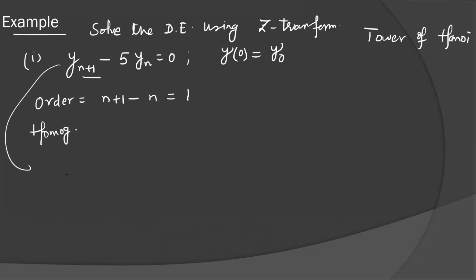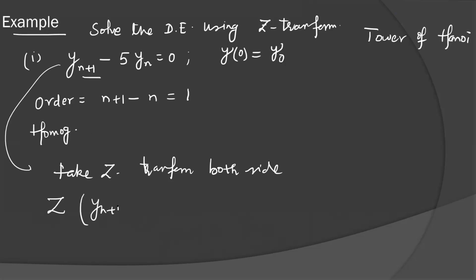So take the Z transformation on both sides. The Z transformation of y n plus 1, and use the linear property. I told you in lecture 1, we can separate these terms. What is the Z transformation? Use the shifting property of right and left.